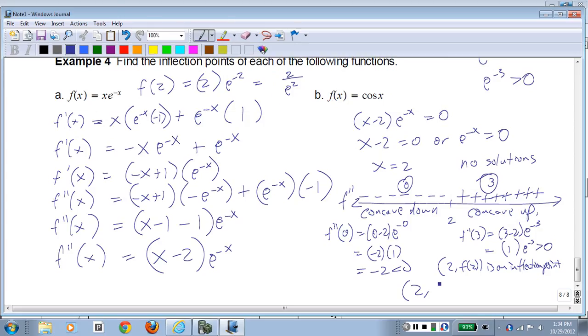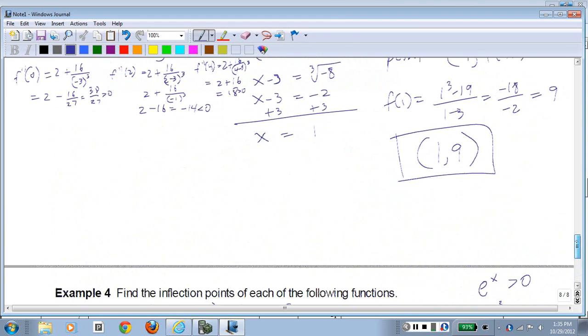So 2 comma 2 over e squared. e squared is 7 point something. So 2/7, a little bit. You'd be okay with 2 over e squared, or punch it up on a calculator would be okay.